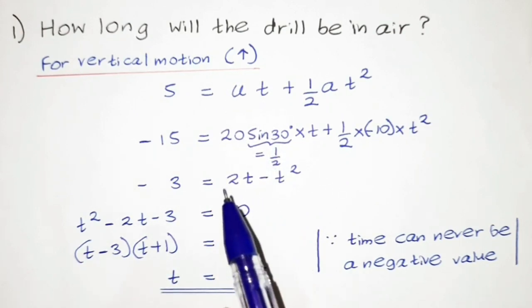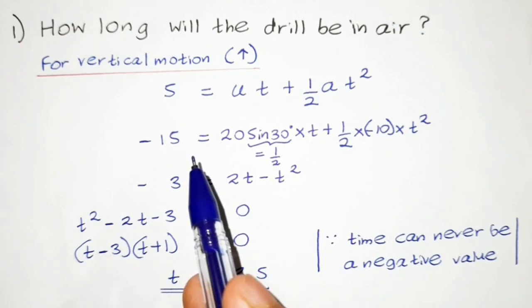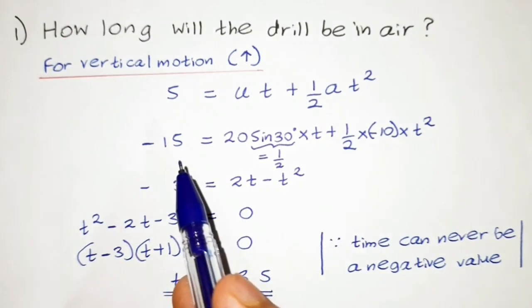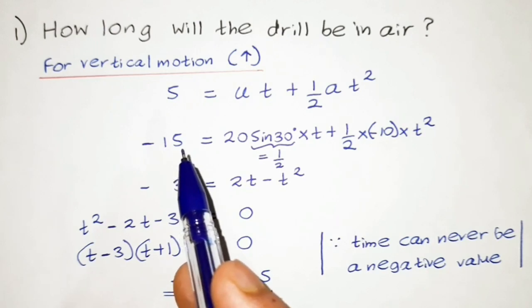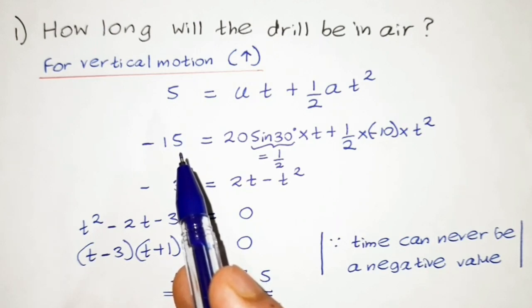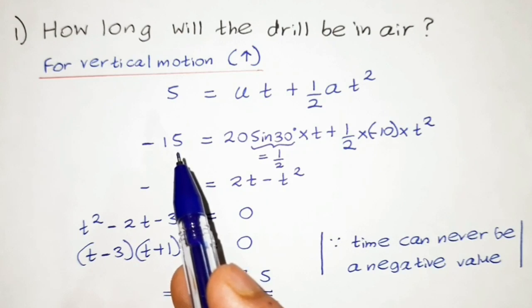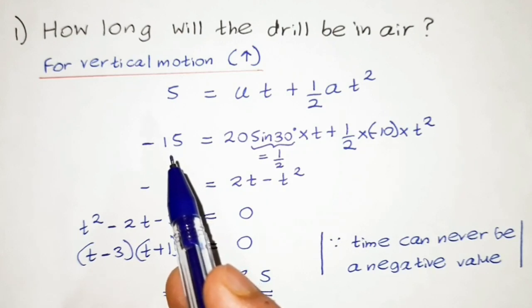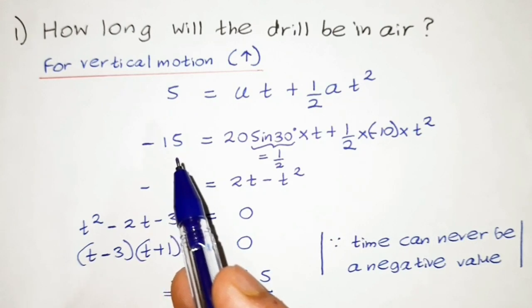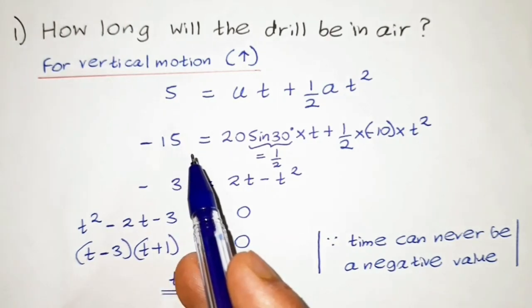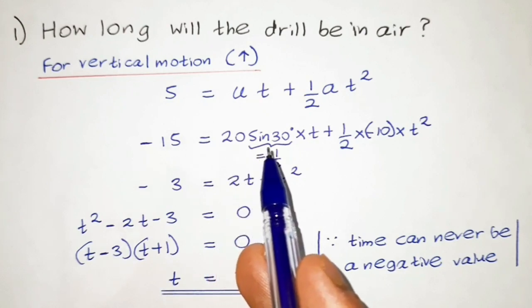Now let us look at how we can simplify it. The displacement from the hand of the person to the ground is 15 meters. We consider the vertical motion upwards as the positive direction. Thereby the displacement is minus 15 because the displacement is in the downward direction, which is equal to 20 times sin 30.